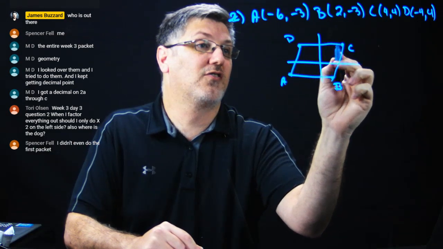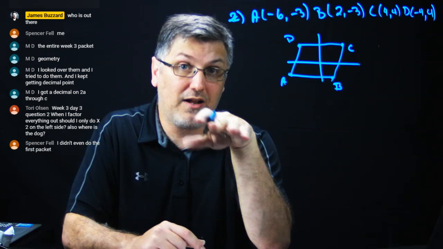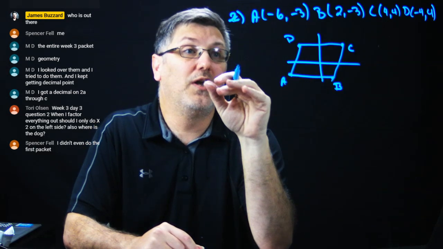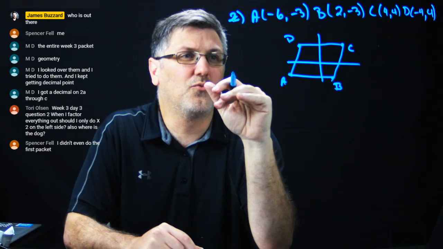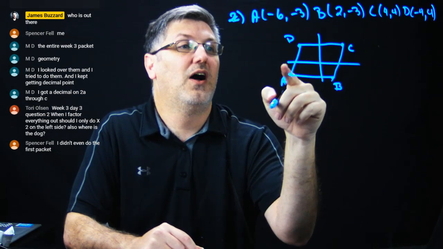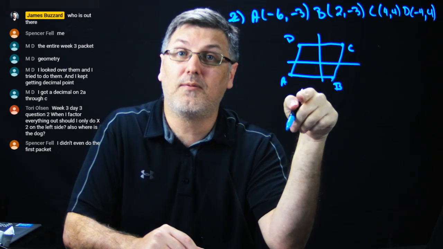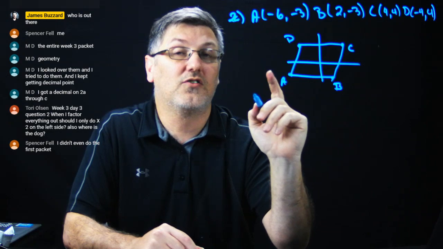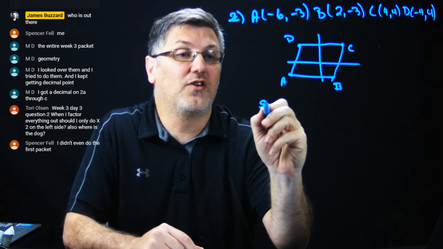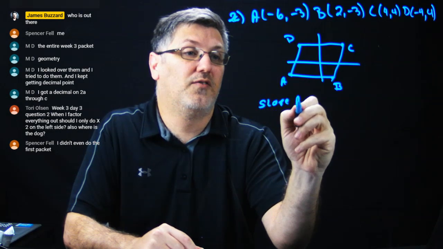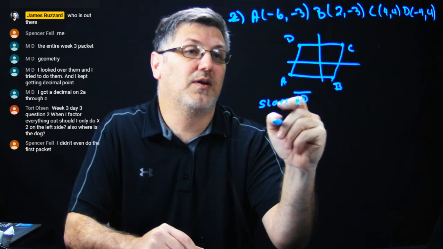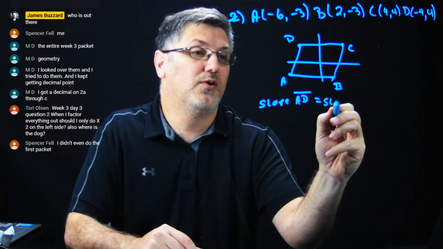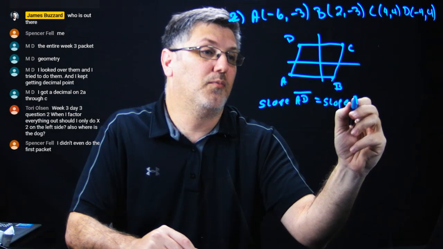So it kind of looks like a parallelogram, but without the math behind it to show it, we can't guarantee that this is a parallelogram yet. So what we need to do is find the slope of opposite sides, because the slopes of the opposite sides of a parallelogram are the same because they're parallel. So we need to find the slope of segment AD, and that should equal the slope of BC.